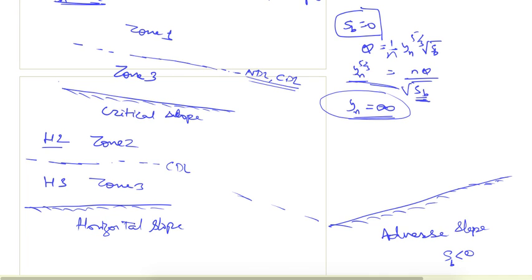So again, we don't know where the uniform flow depth will lie. Here again the NDL will not exist, only the CDL will exist. So here also there are only two zones, zone 2 and zone 3, and the profiles we define are A2 and A3.